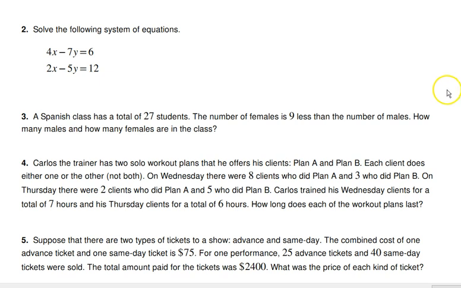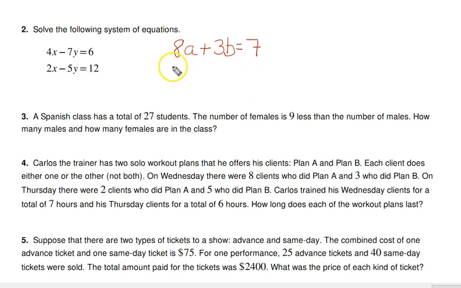Okay, as we look at example 4, again, you're going to have to read that carefully. Pause it. And as we start to lay out the equation, we have 2 plans. On Wednesday, there were 8 that used plan A, and 3 that used plan B, and on Wednesday they spent 7 hours.